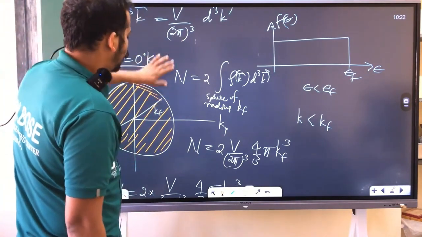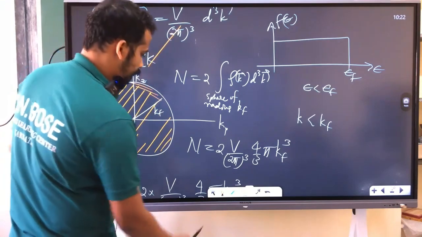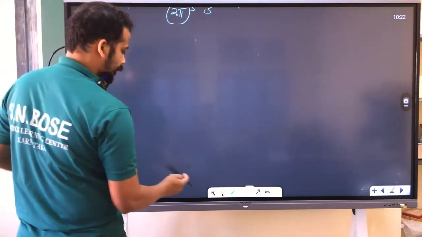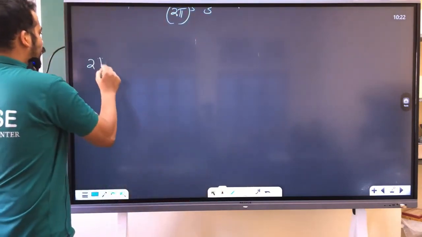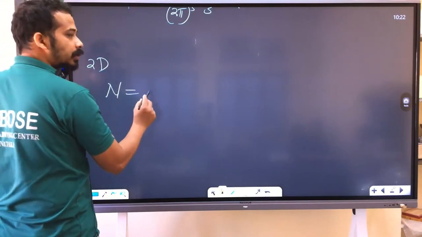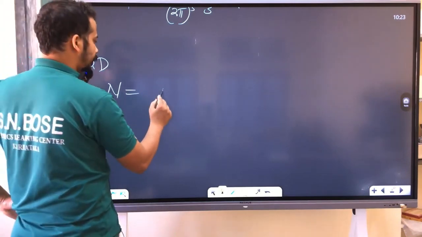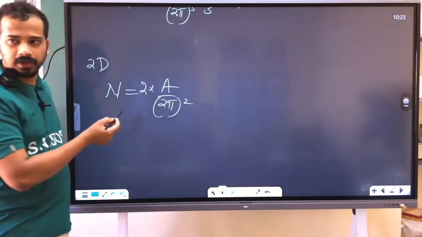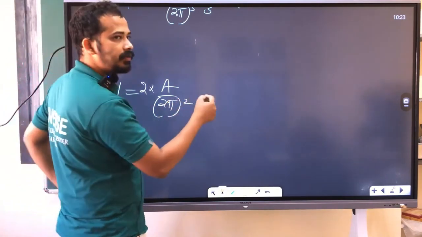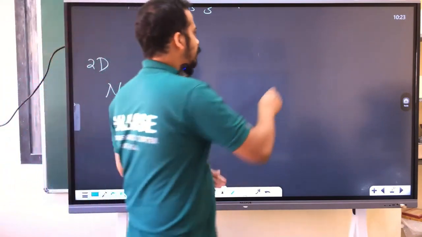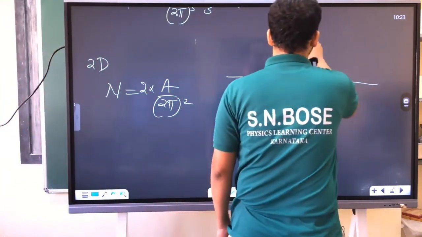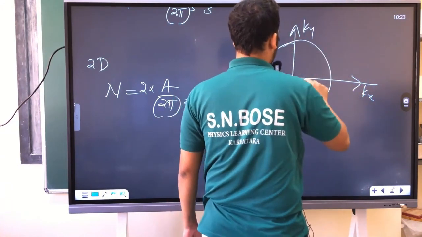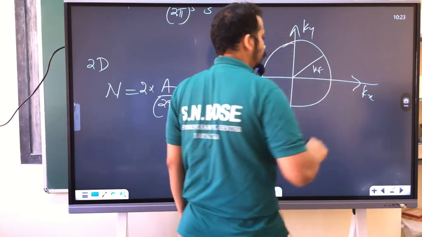Now, again, in case of 2 dimension, how do you do? In case of 2D, the same thing: number of particles is equal to area by 2 pi the whole square, factor 2 if it is electron. Then integral of d square of k within a Fermi disk. If I take kx and ky here, you have a disk of radius kf.